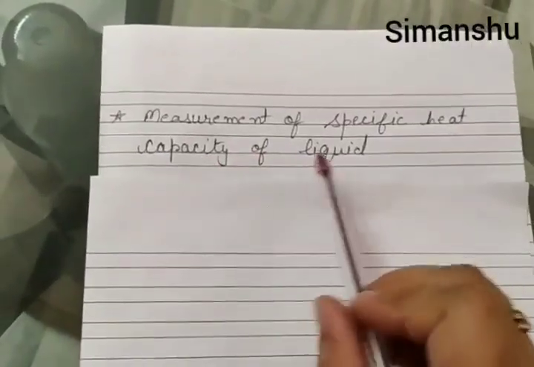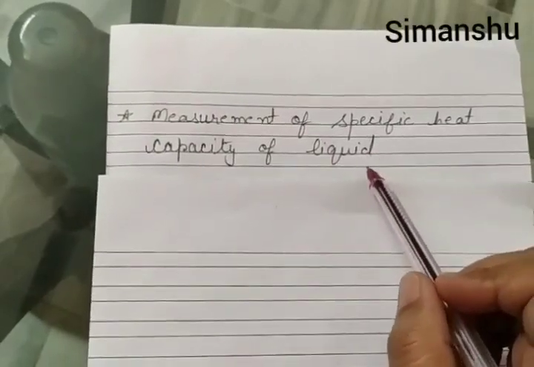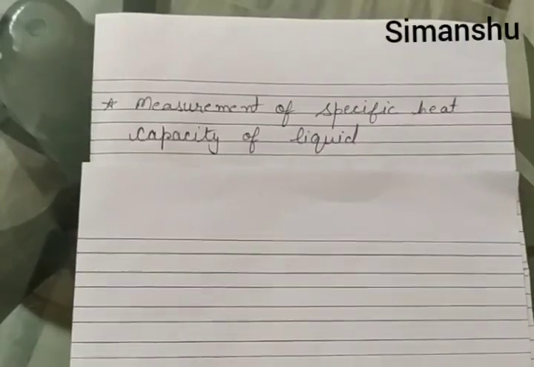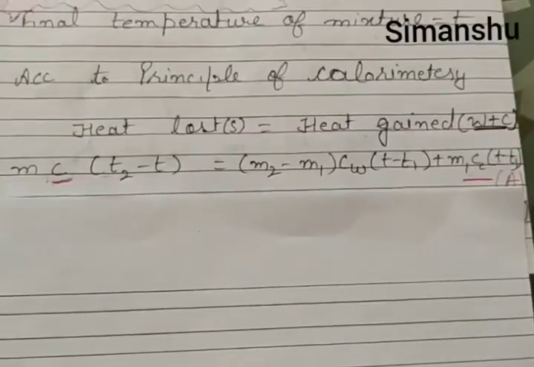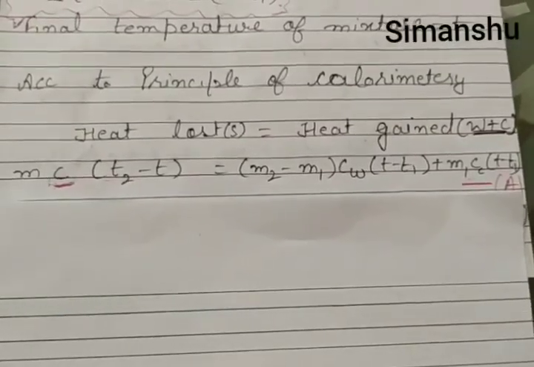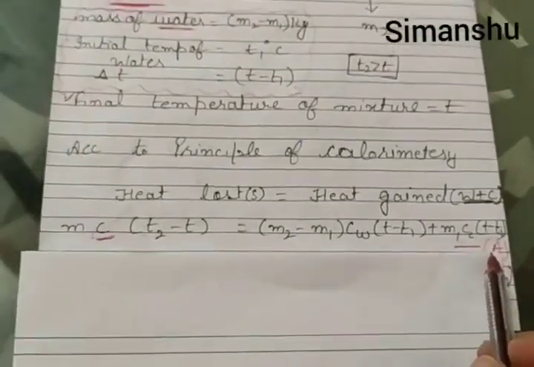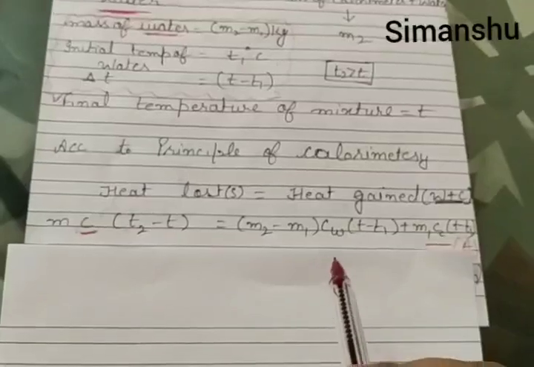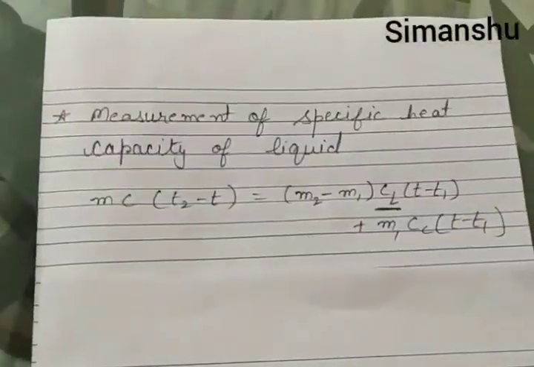Then the measurement of specific heat capacity of a liquid. See, for this also we have to derive everything as we derived earlier in the expression for calculation of specific heat capacity of the solid, till equation A. Everything you have to derive as we derived in the previous one for the solid.